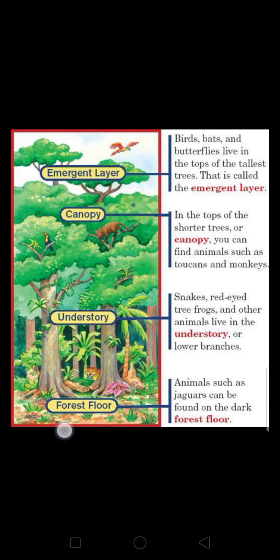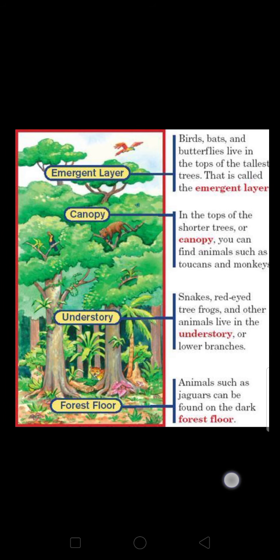In the top of the shorter trees, which we call the canopy, you can find animals like toucans and monkeys. And in the understory layer, snakes, red-eyed tree frogs and other animals live in the lower branches. And animals such as the jaguar can be found in the dark on the forest floor. So the different layers are the habitat of different forms of animals.